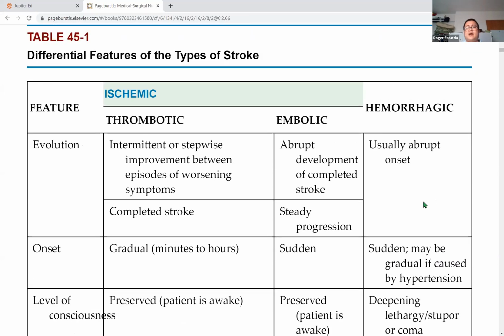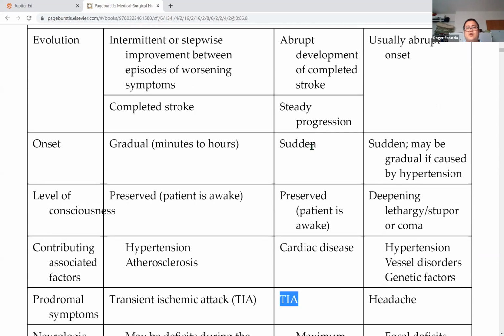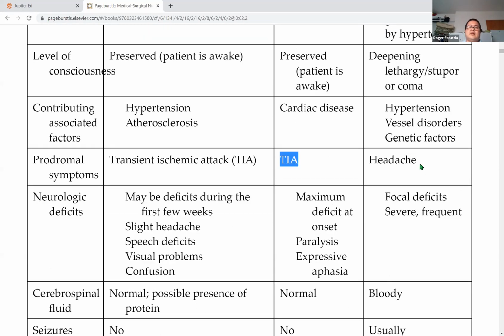Whereas if you look at the hemorrhagic stroke, it's also sudden because of course this is caused by a rupture of an aneurysm, an AVM, or just caused by severe hypertension. So the rupture of the vessel is sudden.